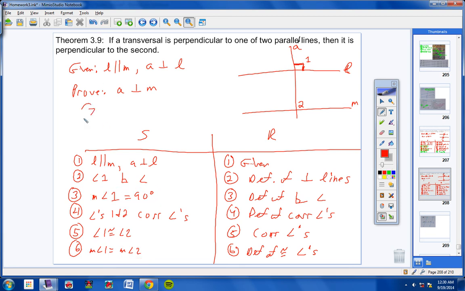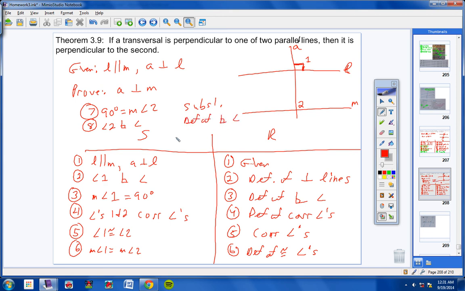And for step 7, I can pick up your 90 and put it right here for the measure of angle 1. And so now I have 90 degrees equals the measure of angle 2, and of course the reason would be substitution. Then I can state angle 2 is a right angle, and the reason is definition of a right angle.